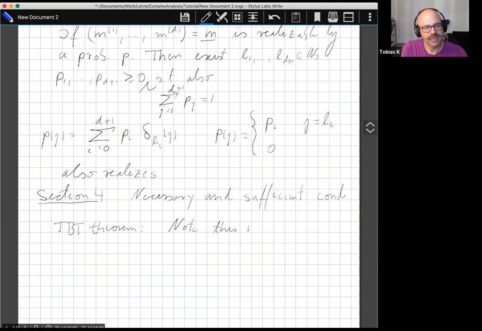It means that P has only finitely many points at which you have a probability. So there exists an N such that P of J will be 0 for all J greater than or equal to N.